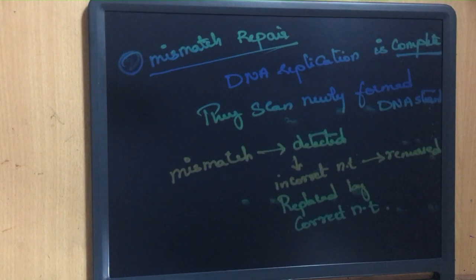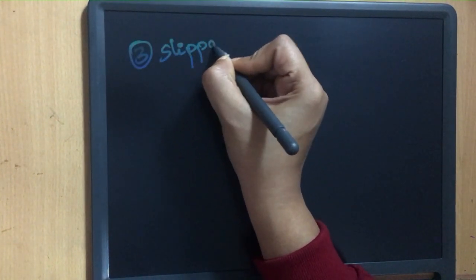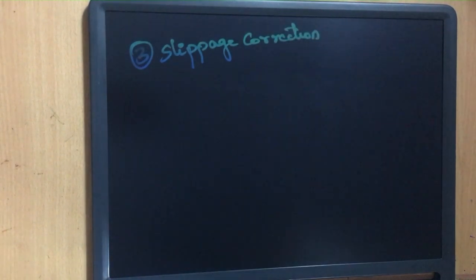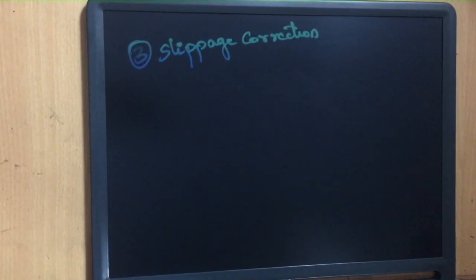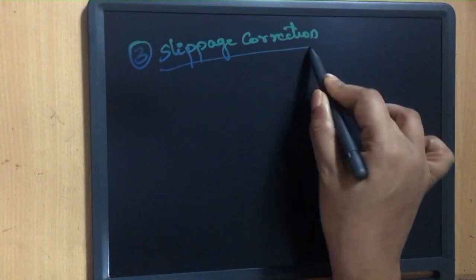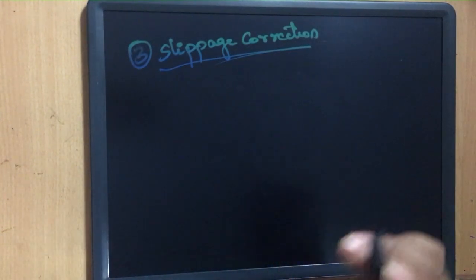Okay, now let's move to the third one, that is slippage correction. So, what do you mean by slippage correction? Repair mechanisms are in place to correct errors resulting from the slippage that is caused during DNA replication. We have read different types of slippage occurring. Okay, so whenever a slippage has occurred, DNA repair mechanisms come into place and correct this slippage.